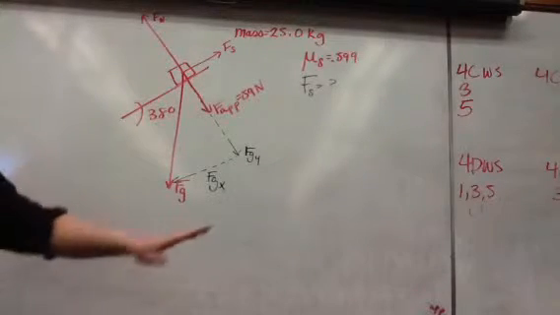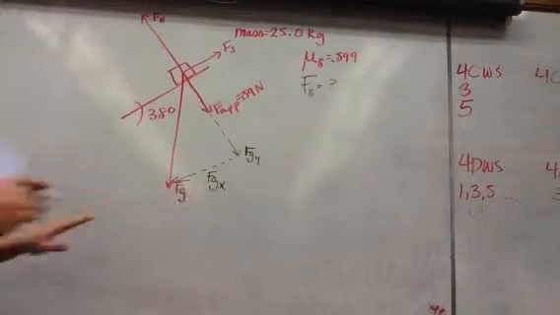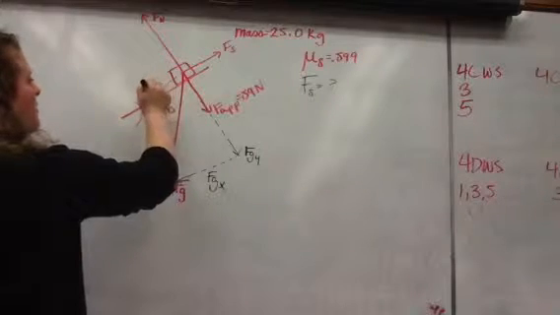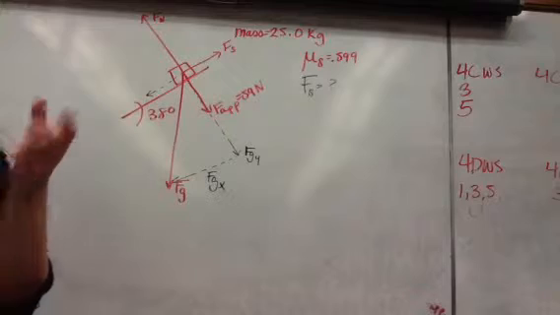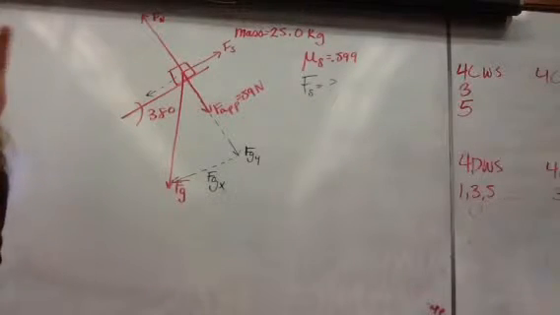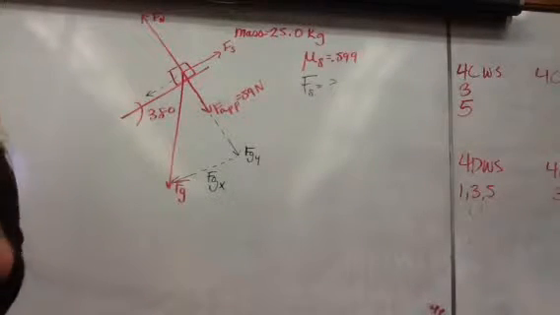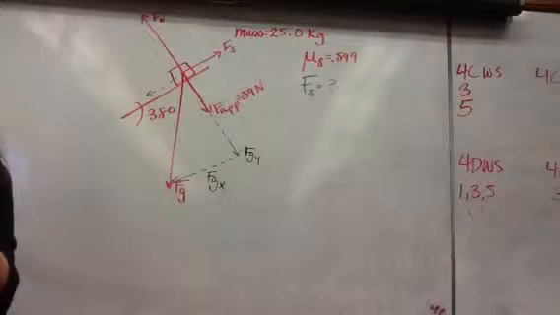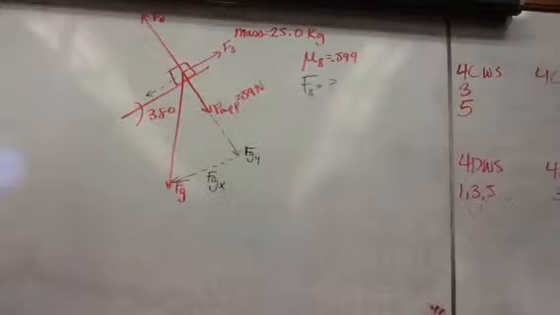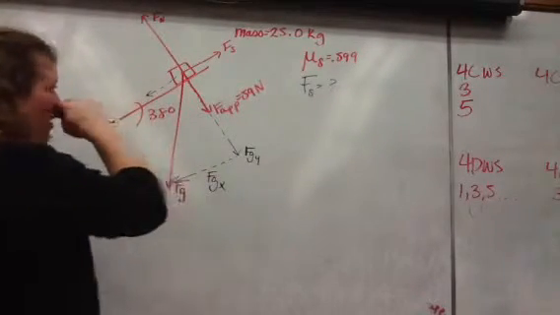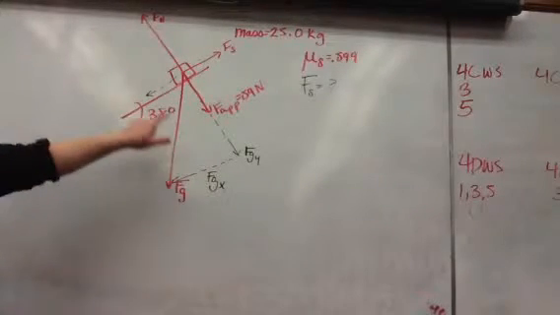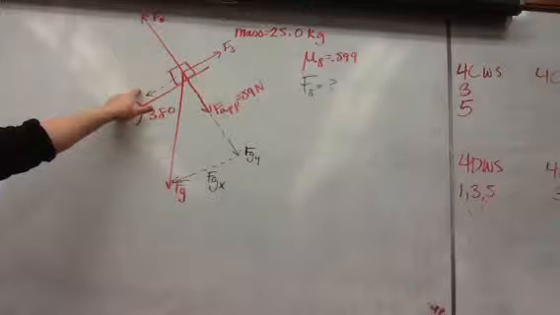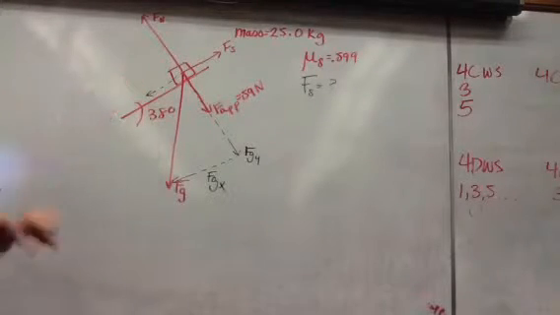So what I do is I transpose this F of gx up here. That helps me visually see that, oh yeah, that's opposing the force of static friction. That's what the force of static friction is opposing. So that's a little trick that I play. I usually still leave it down here for calculation purposes, but I'll make some sort of note to myself that, oh yeah, that's what that is.